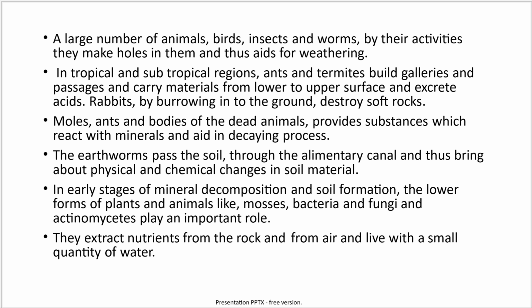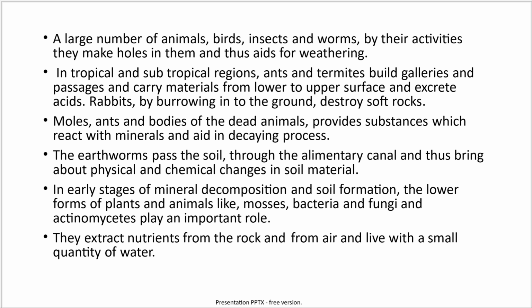Rabbits, by burrowing into the ground, destroy the soft rocks. Molds, ants, and bodies of the dead animals provide substances which react with minerals and aid in decaying processes. The earthworms pass the soil through the alimentary canal and thus bring about physical and chemical changes in the soil materials.